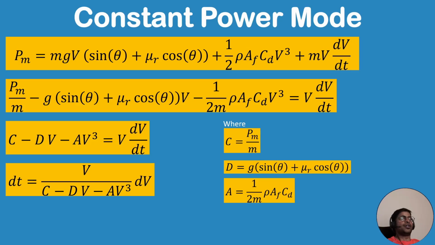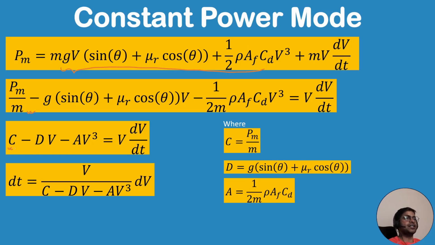Now let's move on. Here I just took all this expression to the right side, and then also divided by the mass of the vehicle in this step, and simply we can write this expression like this: c minus d into v minus a into v cubed is equal to v into dv upon dt.